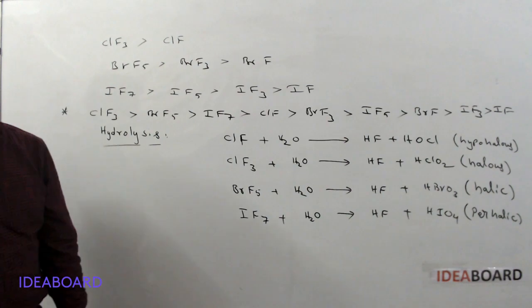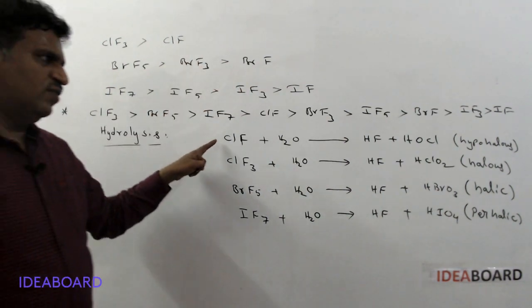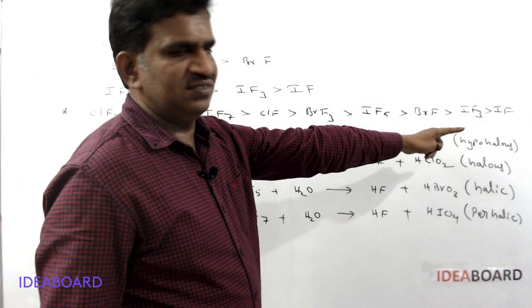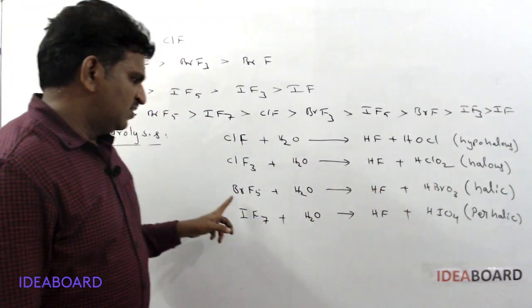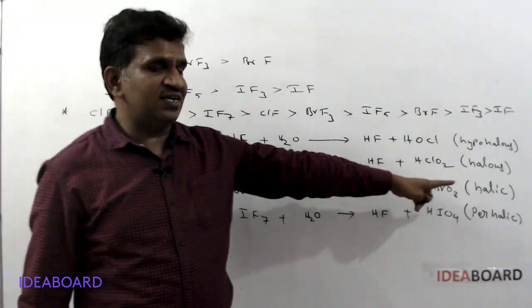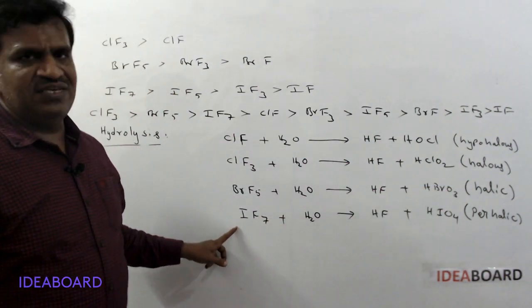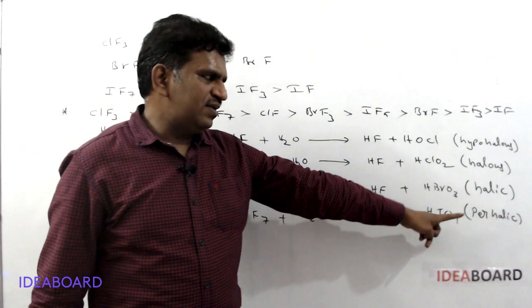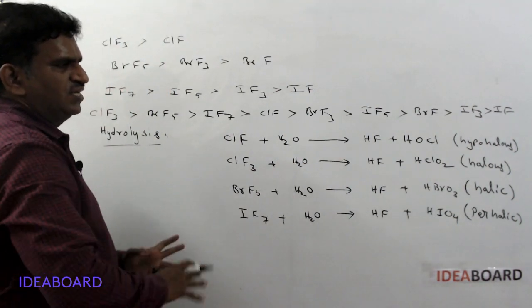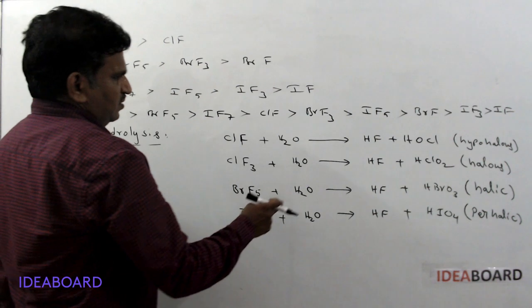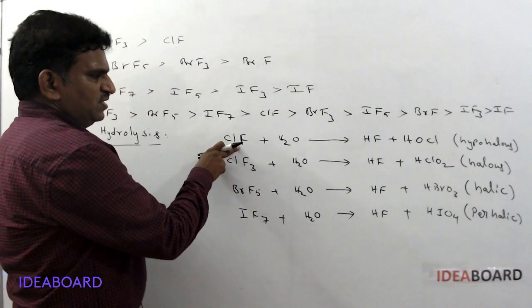So please remember, when we take monofluorides, we get hypohalous acids. When we take trifluorides, we get halous acids. When we take pentafluorides, we get halic acids. When we take heptafluorides, we get perhalic acids. And in balancing, see how we can balance easily. First of all, how many fluorines are in the reactant?